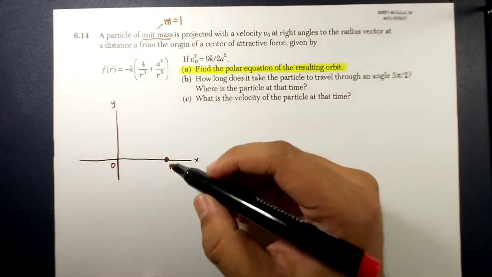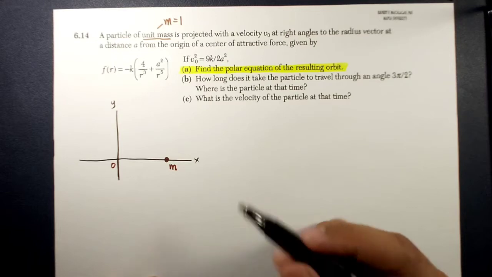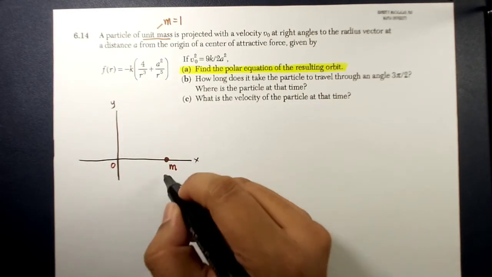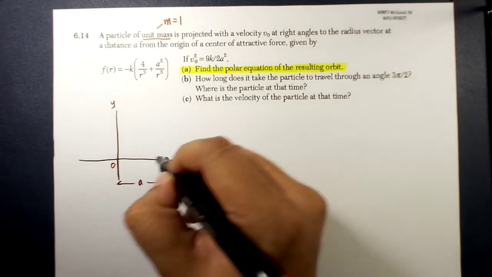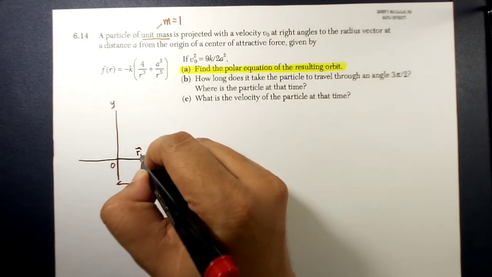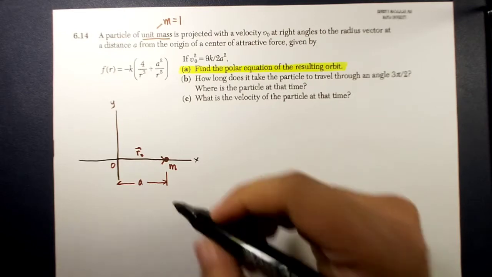Initially the particle is projected with the velocity v0 at right angles with the radius vector at the distance a. So this is your distance a, and this is your initial position vector, and the velocity is perpendicular to this r.